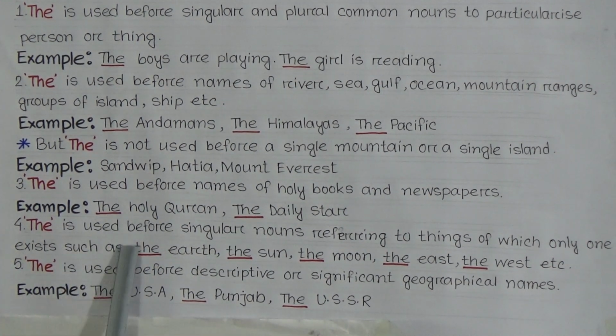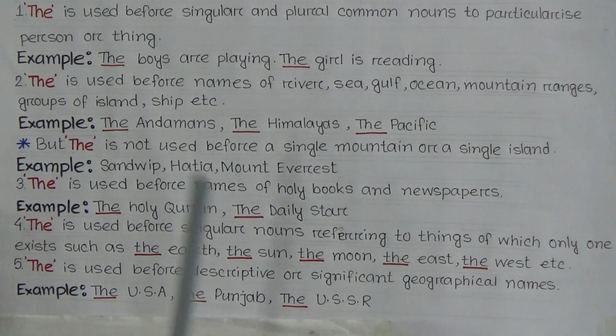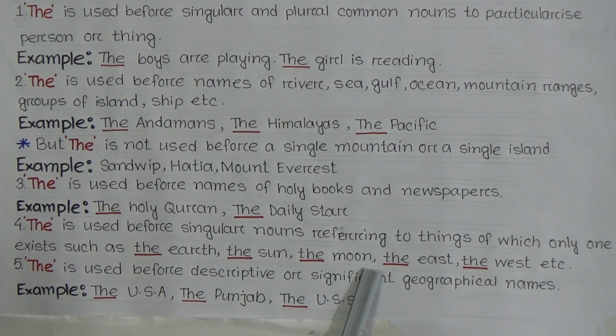Number 4, the is used before singular nouns referring to things of which only one exists, such as the earth, the sun, the moon, the east, the west. Students, think about it. Earth, sun, moon. These are only one. It's singular. There is nothing like that. Only one earth, only one sun, only one moon.